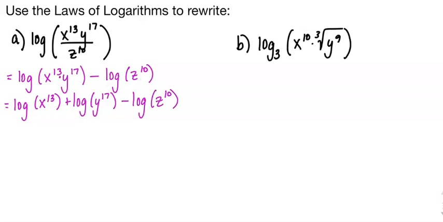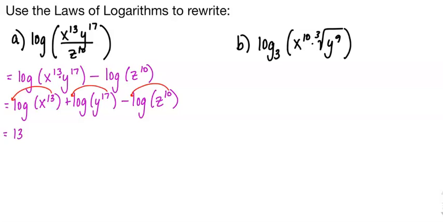So what started as one single log expression is now three separate log expressions. Using our exponent rule, we can now take each of these exponents that is inside of a logarithm and write it out in front instead. So we can write this as a coefficient of 13.